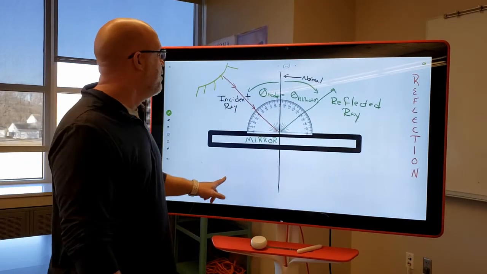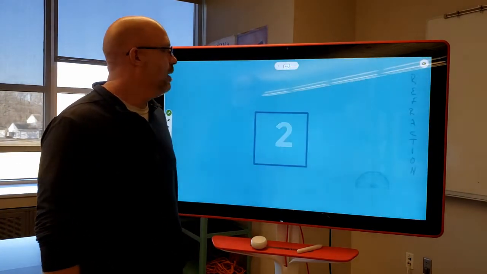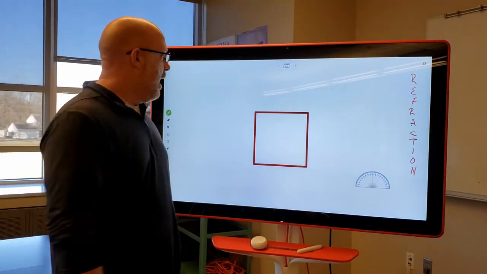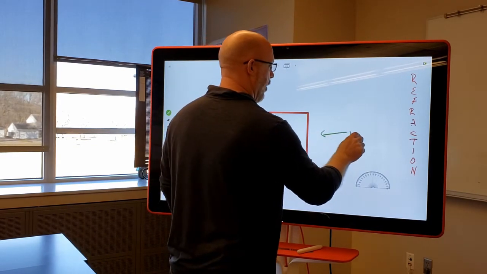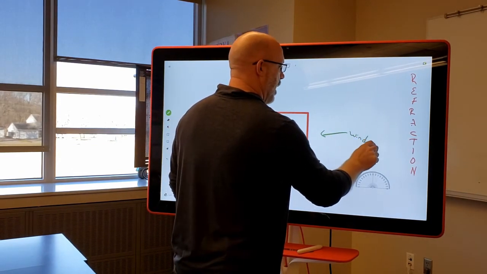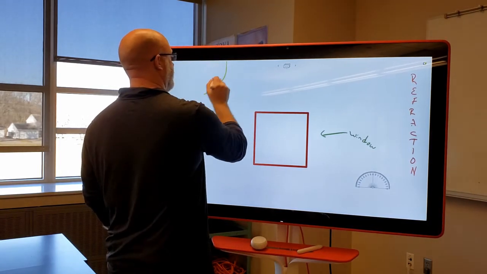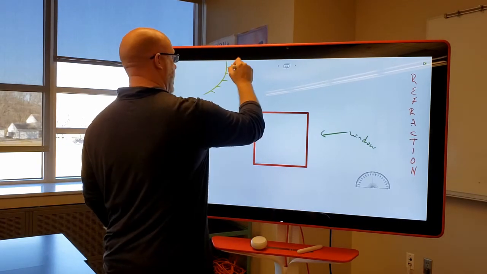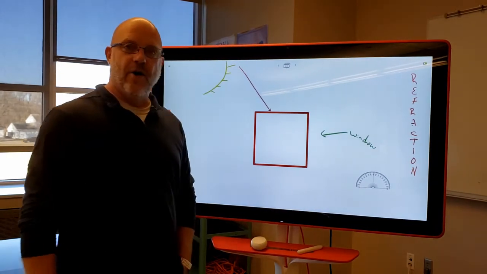That's part one. Part two is a concept called refraction. Now this object right here, this is a window. And when light passes through a window, let me draw our sun, we're going to have a ray of light come down and hit our glass.